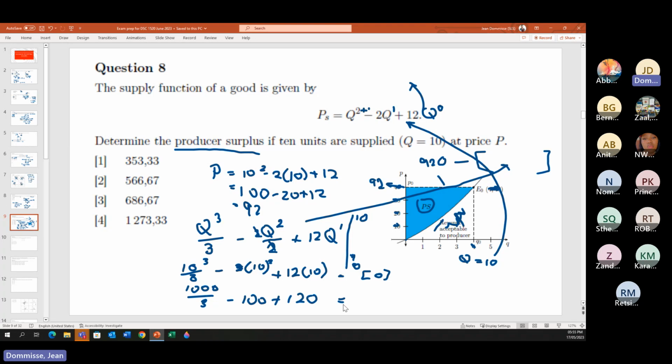So 1,000 divided by 3 is 333.3. And then plus 20, because 120 minus 100 is 20. So we've got 353.33.